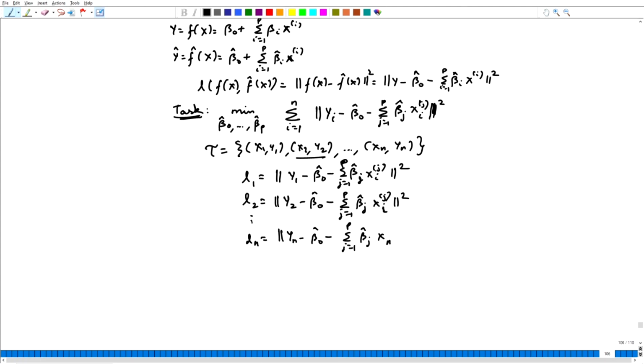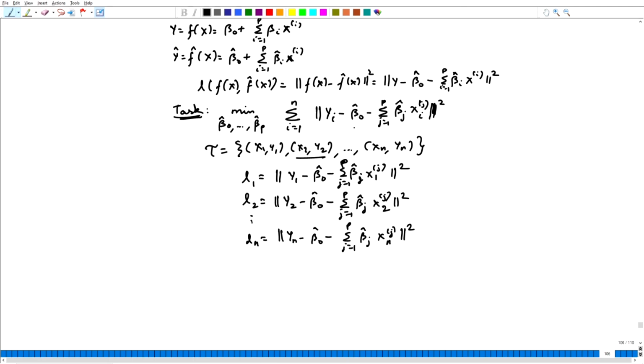So, this is x1, I am sorry, x1, x2 and xn. What we are minimizing is the sum of all the losses.